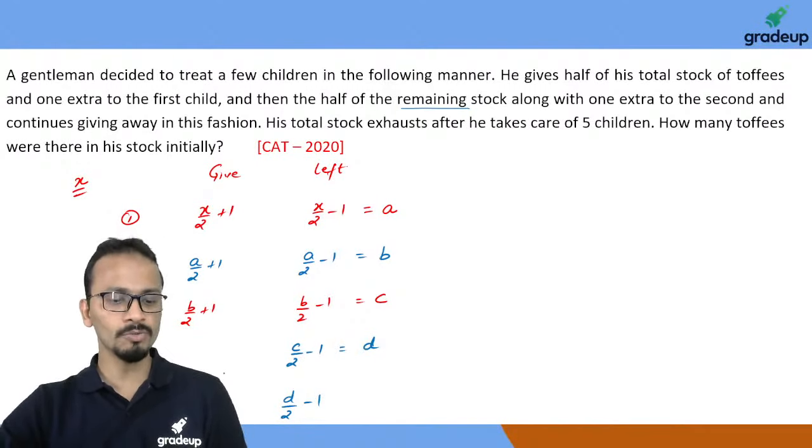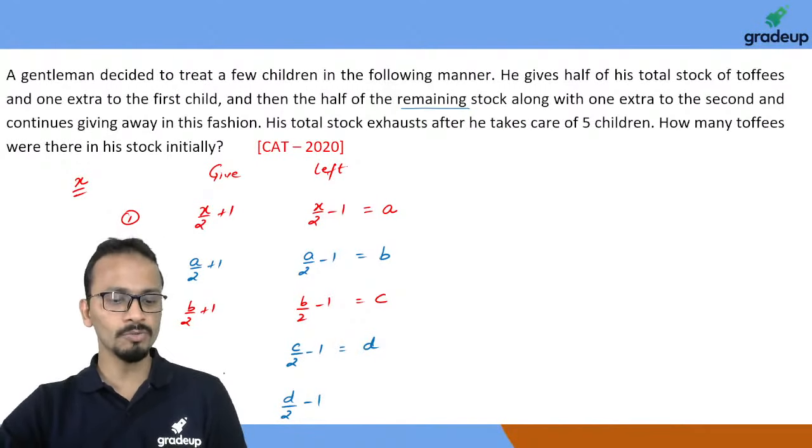Now after he takes care of 5 such children, he is not left with anything. So I can say that the number of toffees left after the 5th child is equal to 0. I have now equated this thing as 0. Now let's do the backtracking.